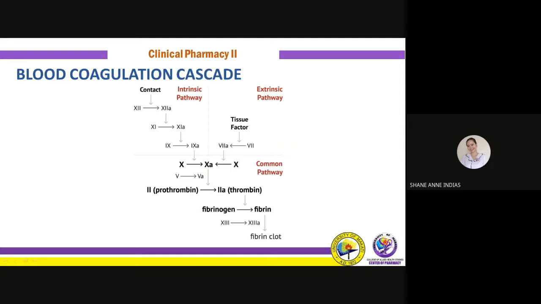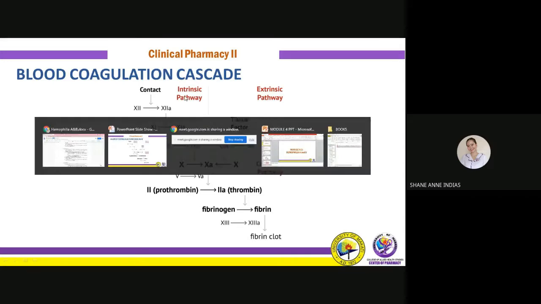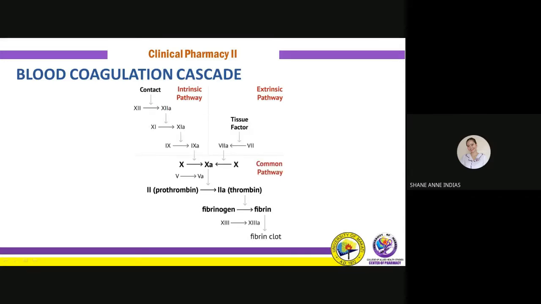Next, sa intrinsic pathway, it causes the blood to clot within the vessel itself and is activated when the blood is traumatized or when it contacts the exposed collagen of a damaged vessel wall. So, ayan. Kapag nagkaroon ng contact yung traumatized vessel and yung collagen, na-activate si intrinsic pathway. So, yung first na na-activate is yung factor 12 or the Hageman factor.